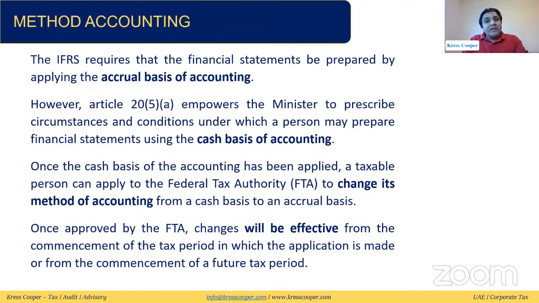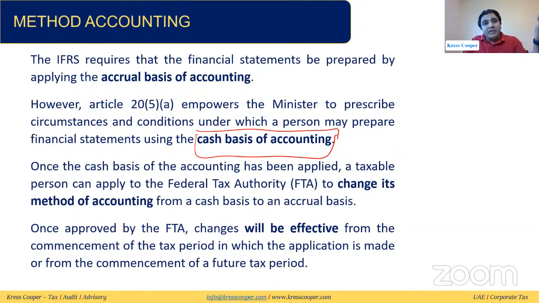IFRS requires that financial statements be prepared on the accrual basis of accounting. We all know this. But the minister can prescribe the circumstances under which a person may prepare the financial statements using the cash basis of accounting. Again, we need to wait. What are the circumstances under which we need to prepare on the cash basis of accounting?